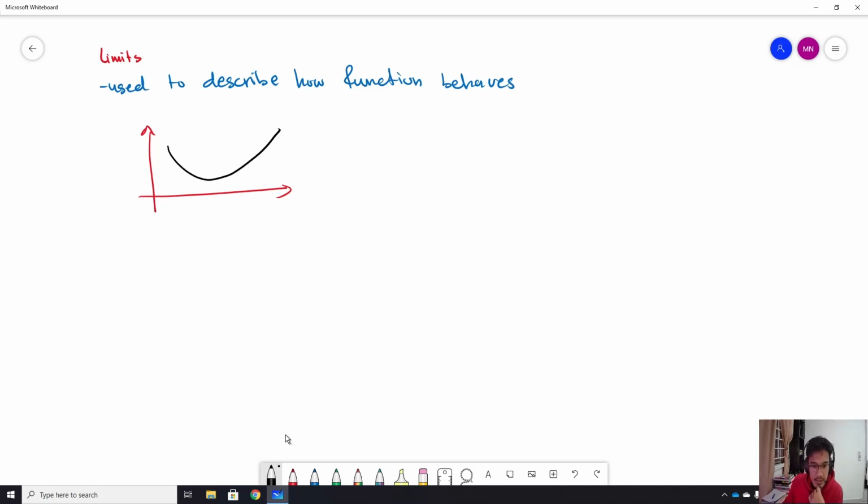Down here we have x equal to 2. When we say the limit as x is approaching 2, it means we have x values getting closer to the value of 2, and it happens on both sides, approaching from the right and from the left.